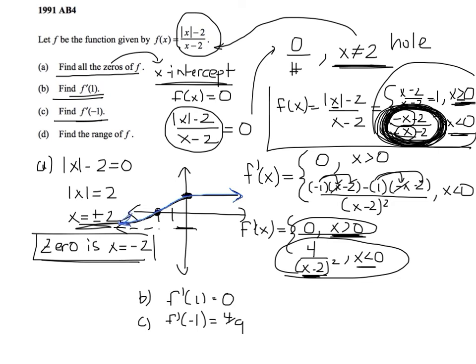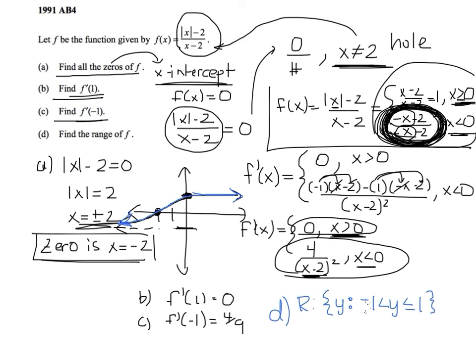So the range of this graph, the range for part D, goes from 1 down to -1, but it never touches -1. You could say the set of all numbers y such that -1 is less than y, which is less than or equal to 1.